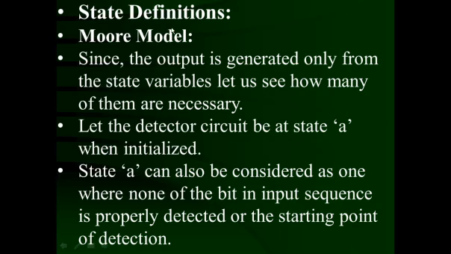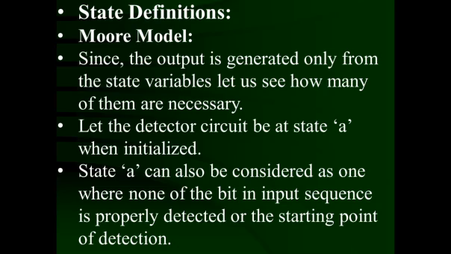State definition. First, the state definition for the Moore model, and then afterwards we'll study the Mealy model. Since the output is generated only from the state variables, let us see how many of them are necessary. That means how many states you require, we should first of all know.